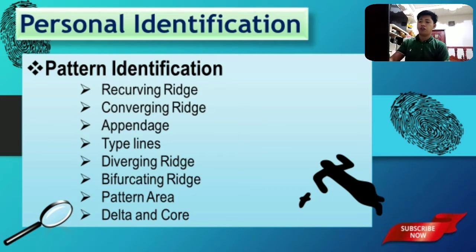We start with the patterns of identification, recurving ridge, converging ridge, and so on, before we proceed to the fingerprint patterns. So stand by, guys. I'll prepare my materials here so that I can illustrate what I am talking about when we refer to these patterns.